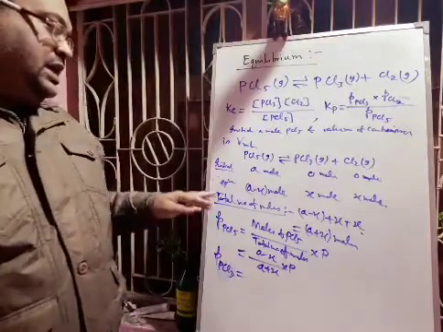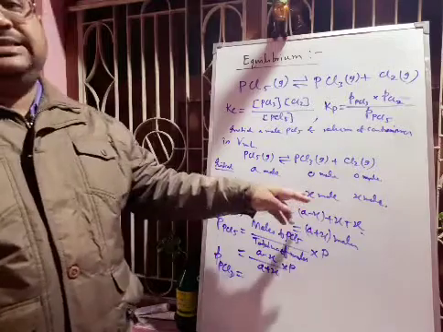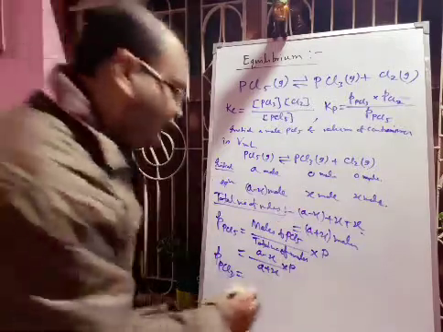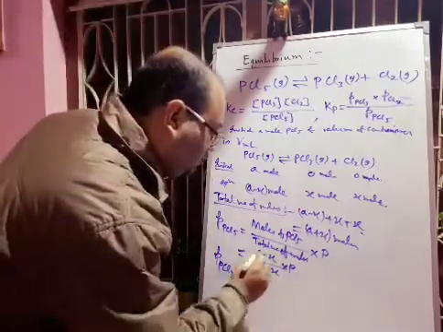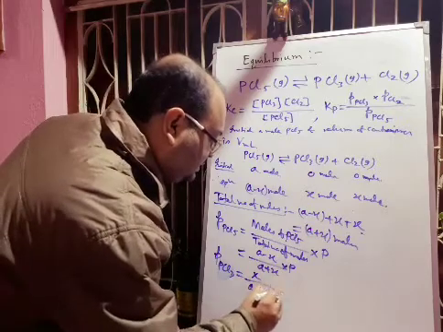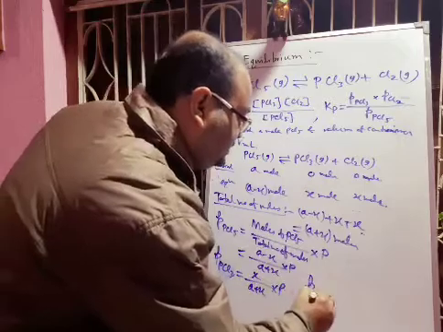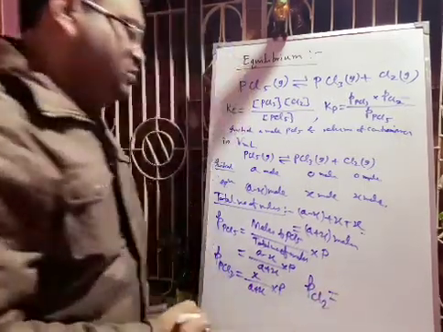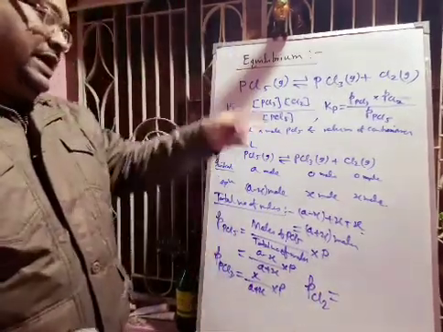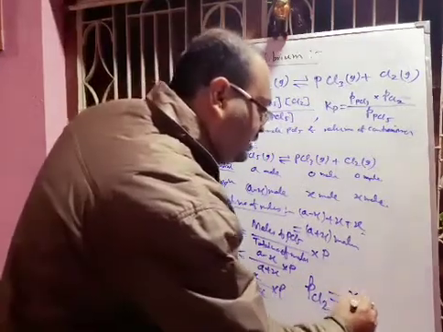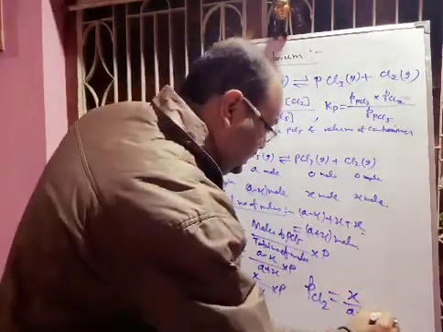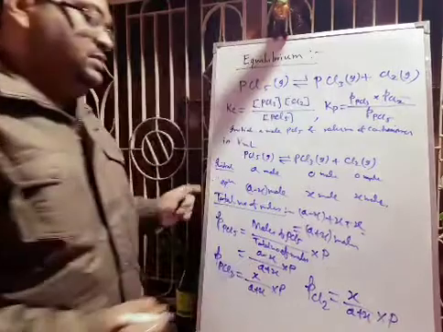The number of moles of PCl3 is x, so it will be x by total number of moles, A plus x, into P. In the same way, the partial pressure of Cl2 will be also x divided by A plus x into P.